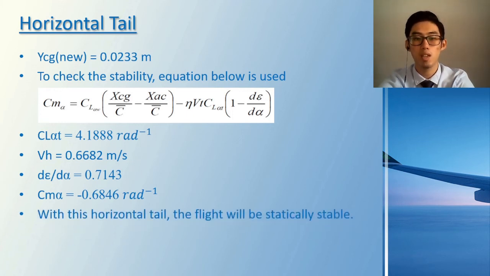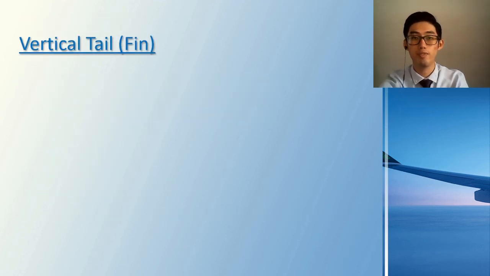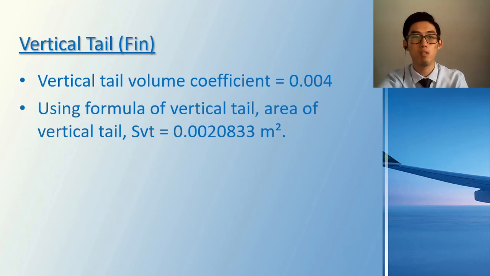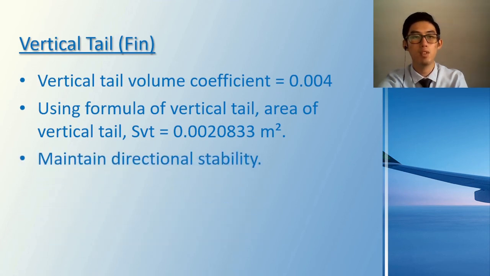With this horizontal tail, the flight will be statically stable because Cm alpha is less than 0. For the vertical tail, which is the fin, the vertical tail volume coefficient is 0.004. By using the formula of vertical tail, the area of vertical tail is equal to 0.0020833 meters squared. With this vertical tail, it can maintain the directional stability of the aircraft.